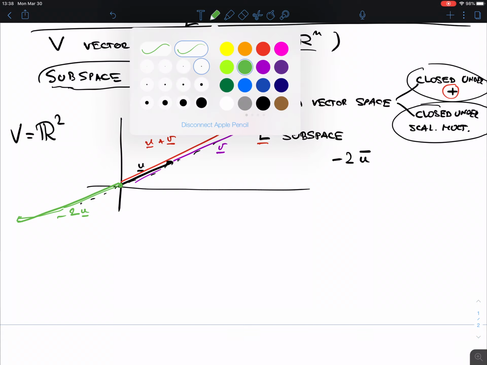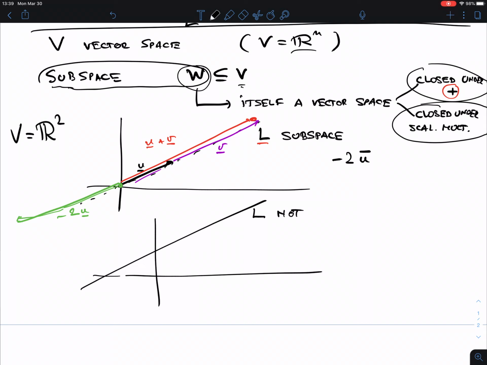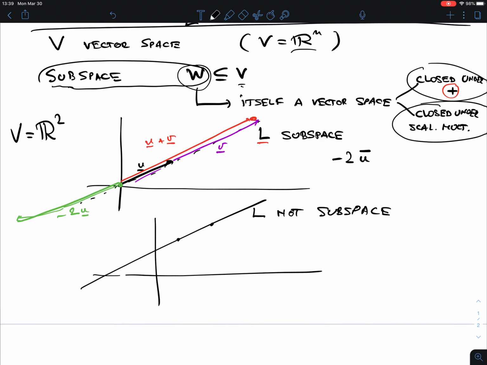What about other lines? Okay, let's look at a line that doesn't go through the origin. So this line here is not a subspace. Well, it's very easy to see. You take just two elements on the line. These are two vectors, right? So this would be this vector u, and this would be the vector v. Where is the sum going to lie? Well, we make this parallelogram.